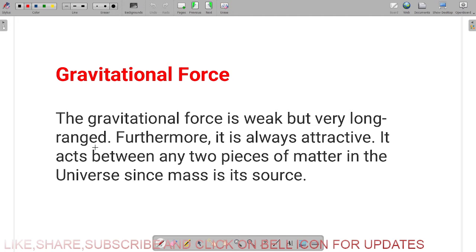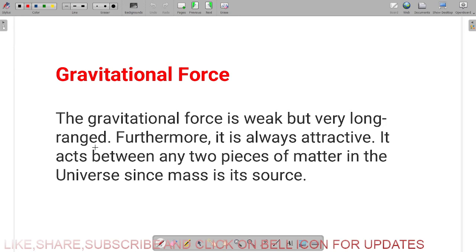That is the reason two objects always tend to move towards each other. It acts between any two pieces of matter in the universe since mass is its source. The gravitational force exists between any objects because of the mass of the objects. The mass of the object causes this force. That is why the fundamental unit of gravitational force is mass.